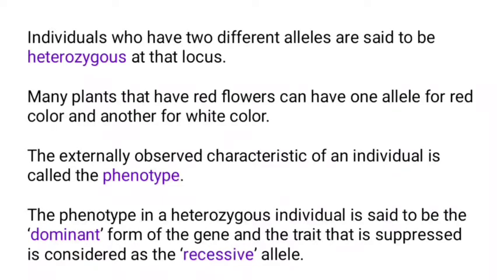As we took the example of red flower and white flower, if the plant is bearing only red flowers instead of white, we can say this plant has red color as dominant, and the white color is suppressed. The suppressed white color is called the recessive allele.